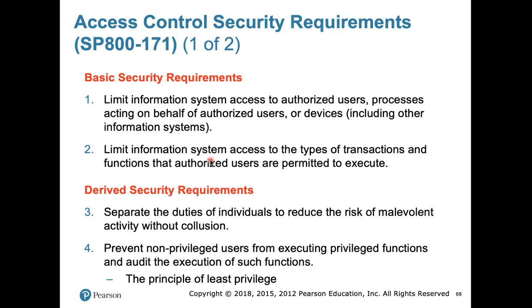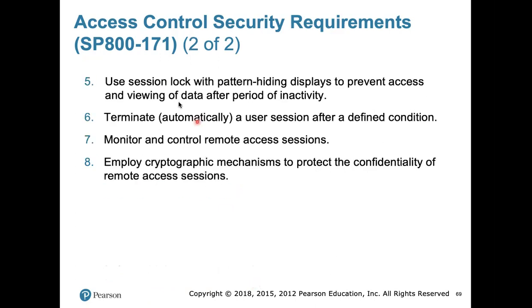These are all complexities that happen once we have multiple privileges. If we don't have any kind of privilege in our system, or use the minimum level of privileges, that would be helping us. The next thing is about using session logs with pattern-hiding display to prevent access and viewing of data after a period of inactivity.